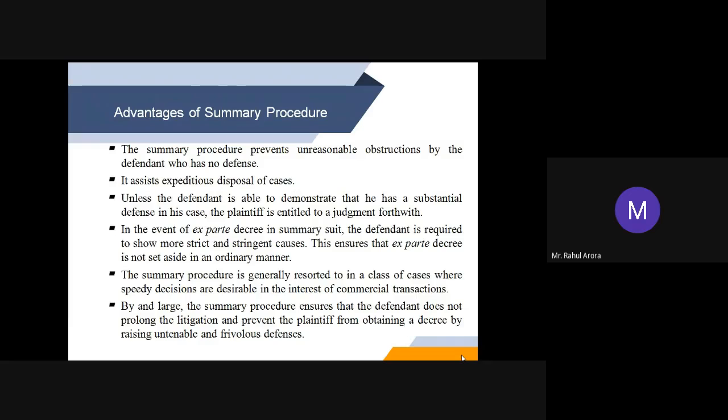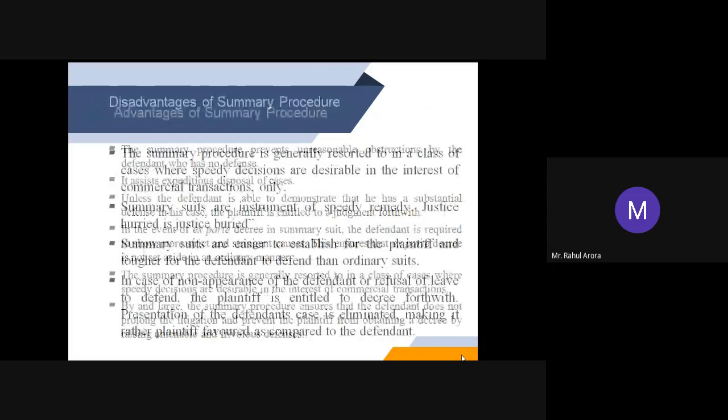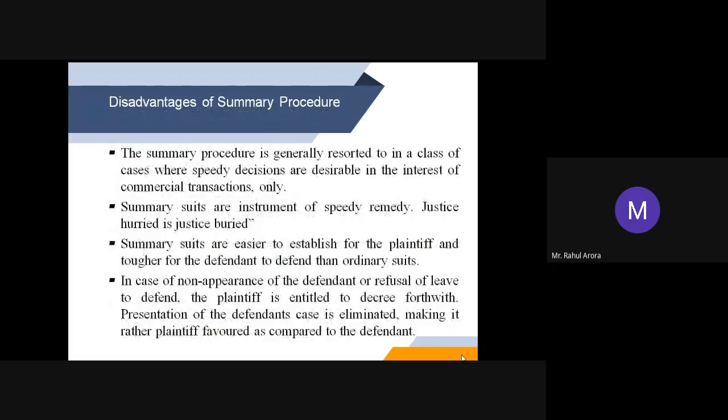Now I would like to brief you about the disadvantages of summary procedure. The summary procedure is generally resorted to in a class of cases where speedy decisions are desirable in the interest of commercial transactions. So its applicability is very limited in nature because it only deals with commercial matters. It does not apply to general matters as well.